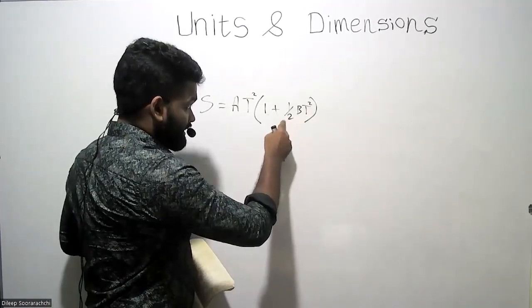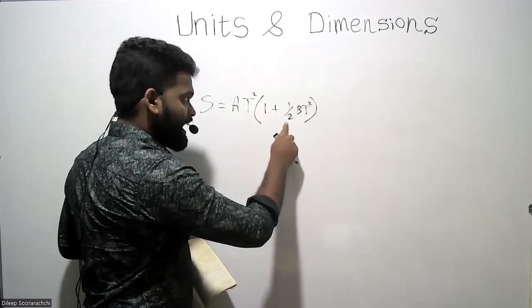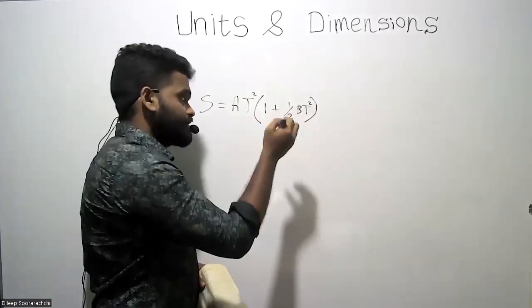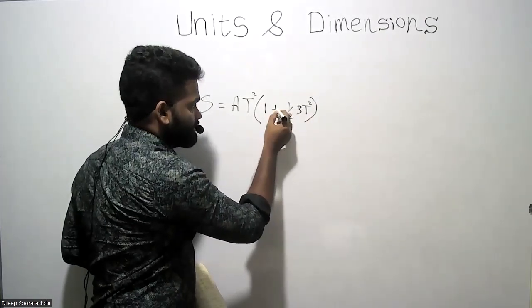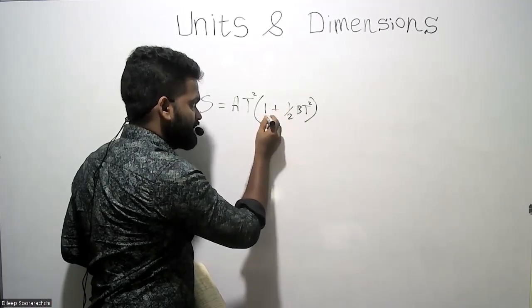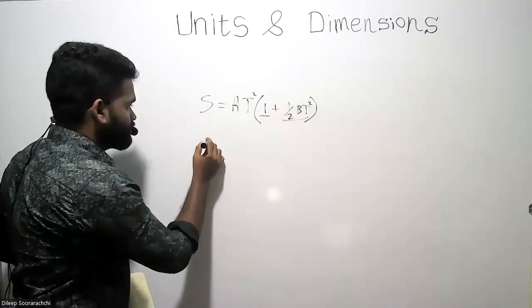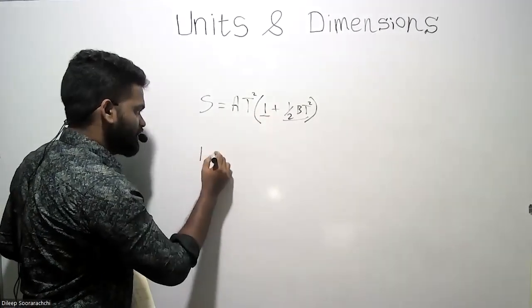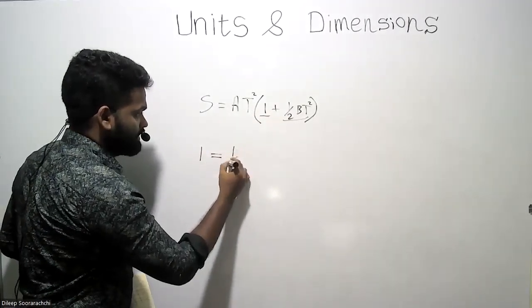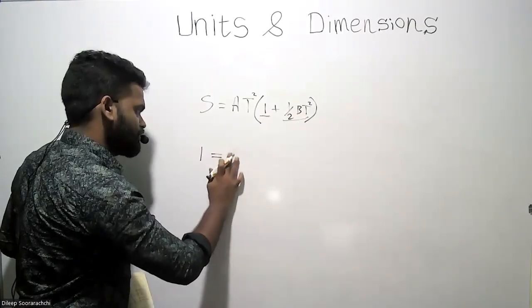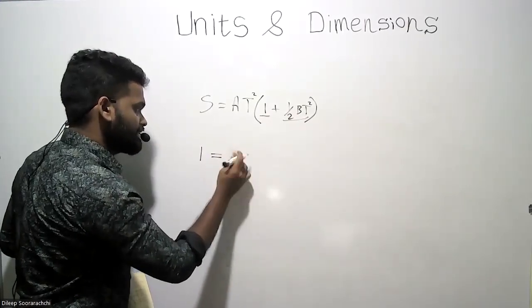If they are like terms, they should have the same dimensions. Since this is separated by a plus sign, this term and this term should have the same dimensions. The dimension of 1 is just 1, it's dimensionless. Half does not have dimensions, so I would neglect that.